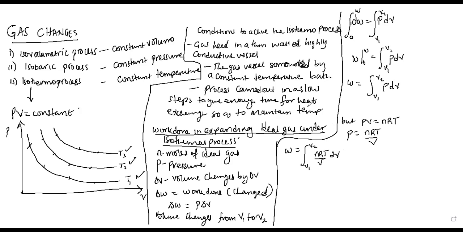Fatma, you don't know how to integrate. When you're integrating, for example, x to the power n with respect to x, the answer is x power n plus 1 divided by n plus 1. If I'm integrating 1 dx, I get that very term, because 1 is the same as x power 0.